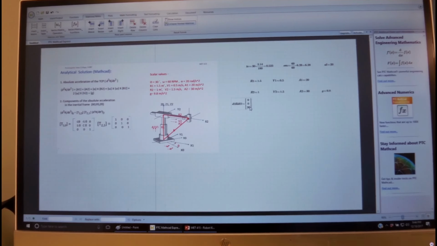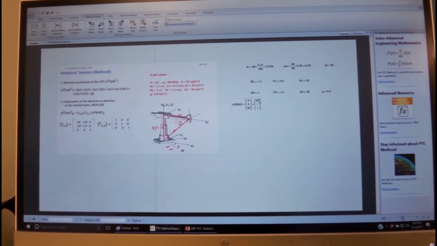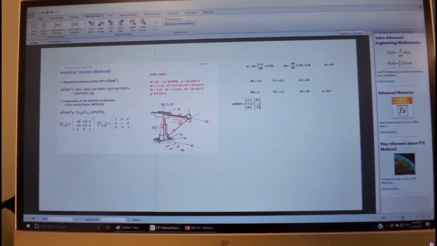Now we just have to carefully walk and add another matrix, which is a vector. And the second vector is A2. A2 is 30 in the x direction. So we put over here 30 and 0 and 0.